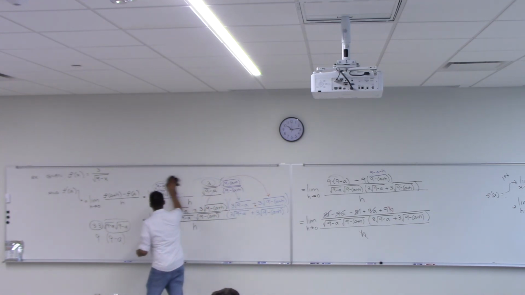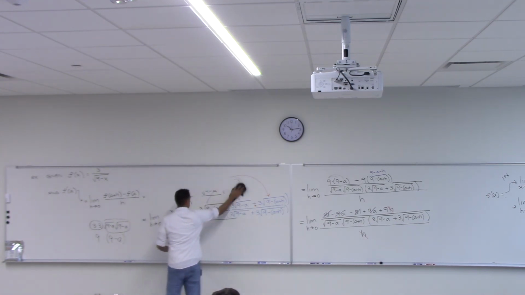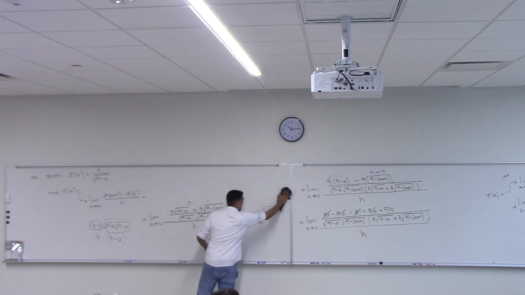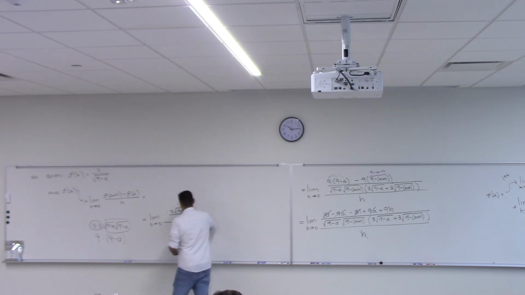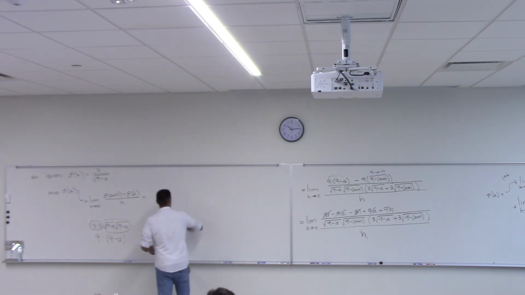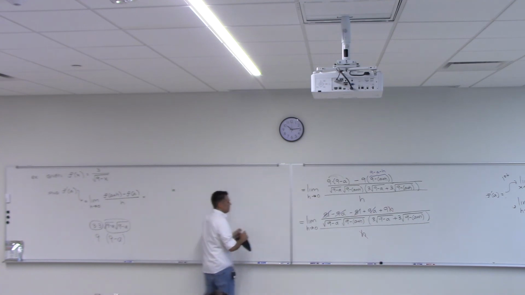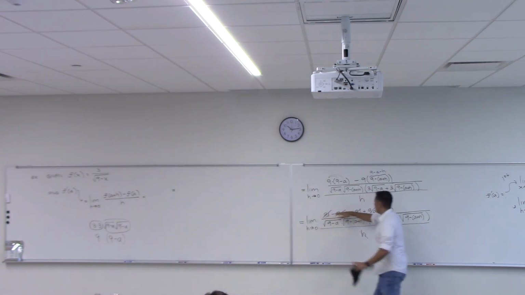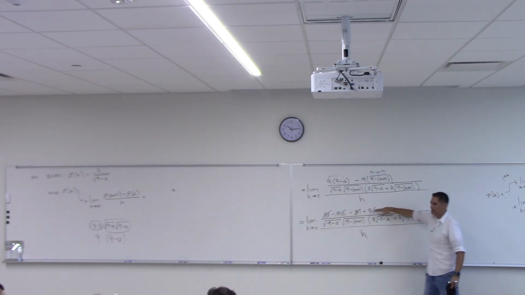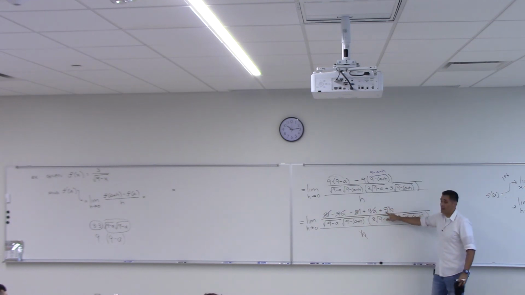Let's talk about what happens now when all of your h's in that expression go to 0. Do we have anything left up here on the very top? A 9. Don't forget that 9.